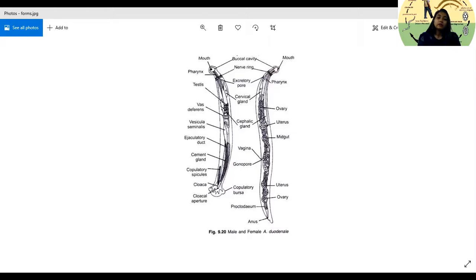It then develops into filariform larva, 500 to 600 micrometers in length. This is the infective stage of the parasite. The time taken for development from egg to filariform larva is on average 8 to 10 days.